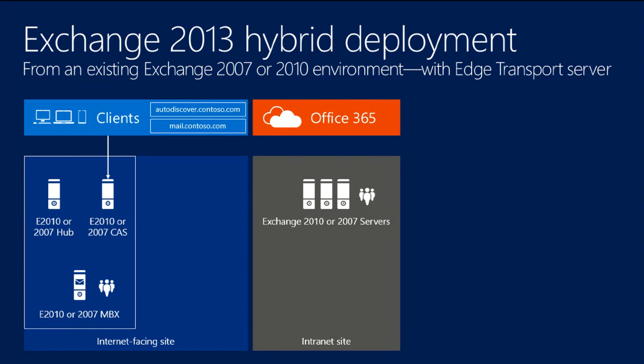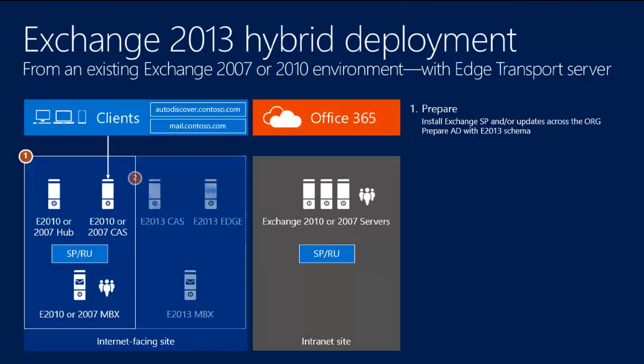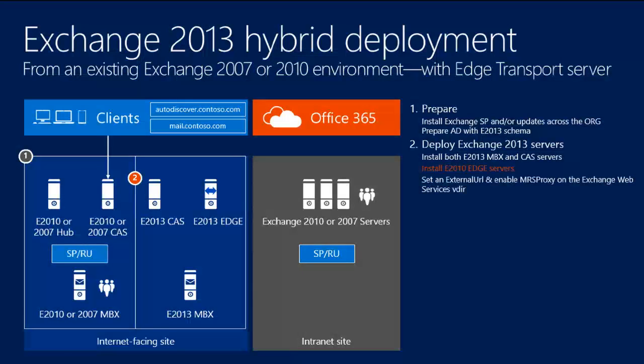Slightly different, basically the same steps, but the only thing we're doing a little differently here is we're using a, it says 2013 Edge. It should be a 2010. There is no such thing as a 2013 Edge. So a 2010 Service Pack 3 Edge Transport Server that you can set up with an Edge sync, you can have running in your environment, and we can use that as the SMTP endpoint that Exchange Online Protection uses for secure mail transport.